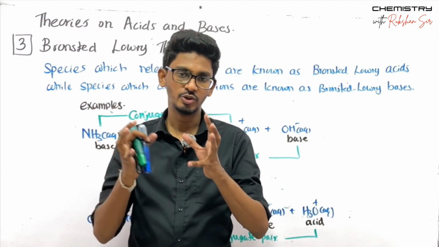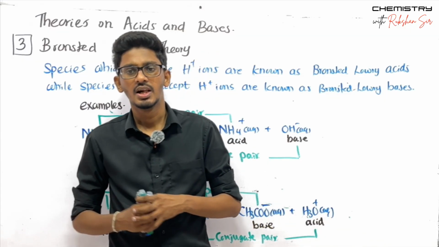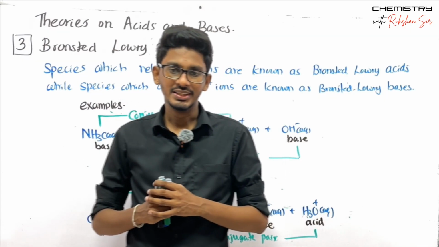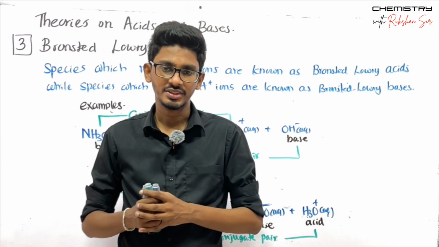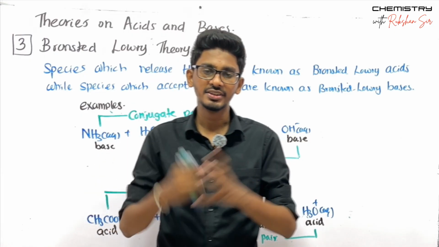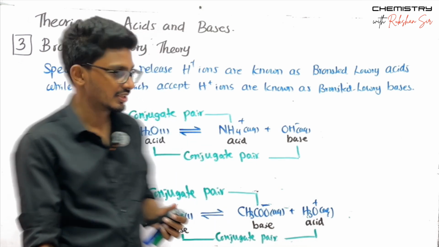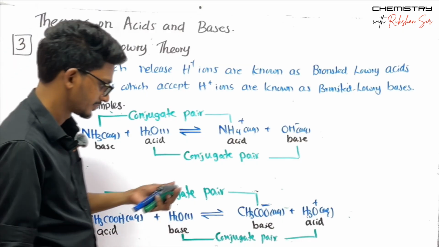If they have asked you to write the conjugate base of a given acid, what you need to do is just remove an H plus and write the remaining. See what it says?